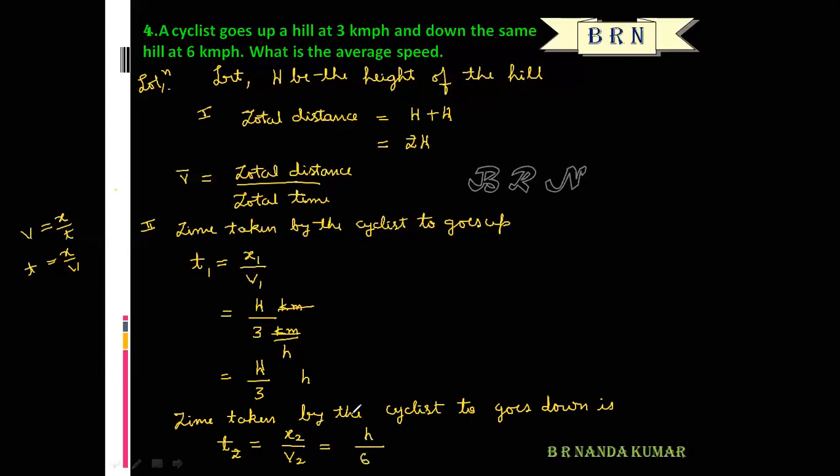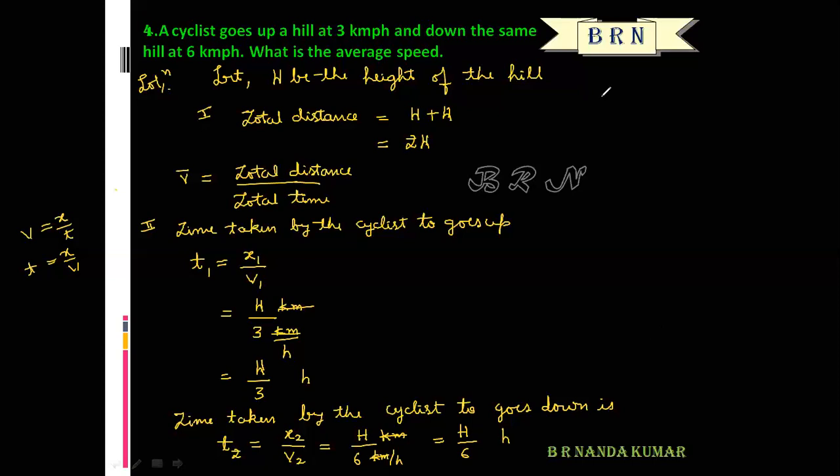This is H, capital H. x2 is capital H divided by v2 is 6 km per hour. This is H kilometer, so kilometer cancels. This is H divided by 6 hour.